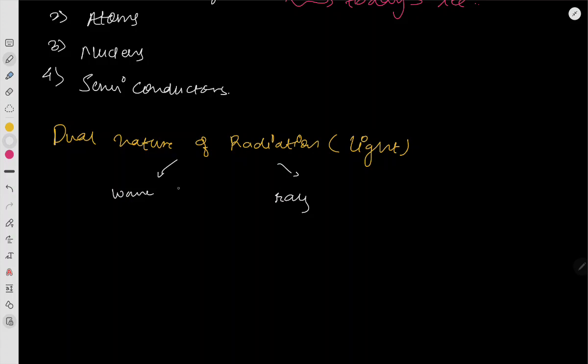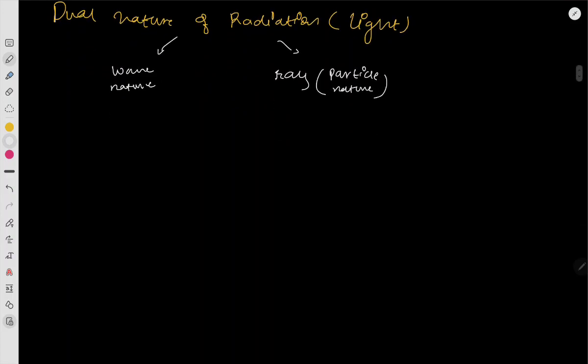So it has a wave nature and also a particle nature. This is interesting. And so we have proved now with the help of string theory and many other interesting concepts that there exists dual nature of matter.